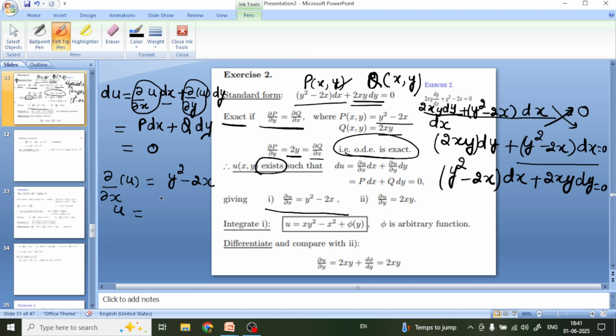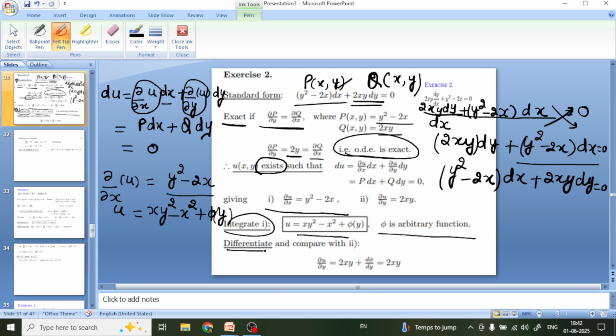U is equal to, when we solve it, x y square minus x square plus phi of y, and here phi is an arbitrary function. We have to integrate the whole value. I have already discussed this.